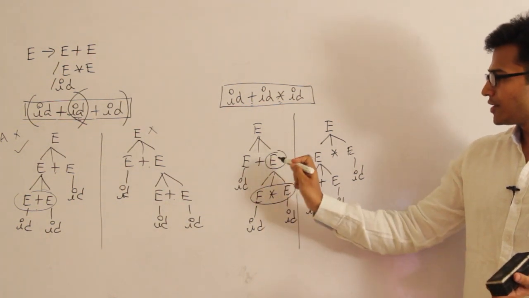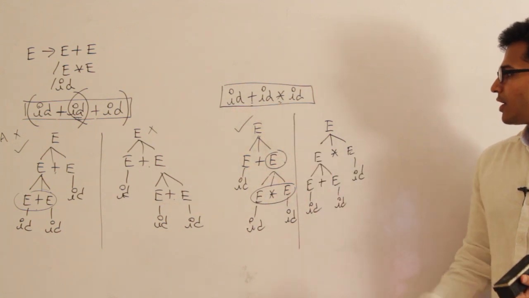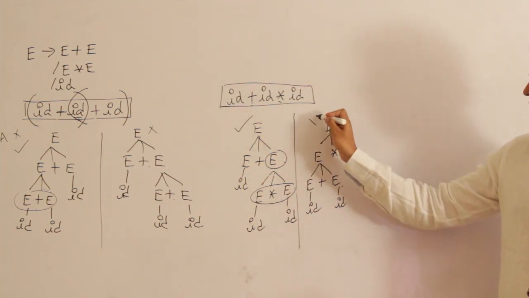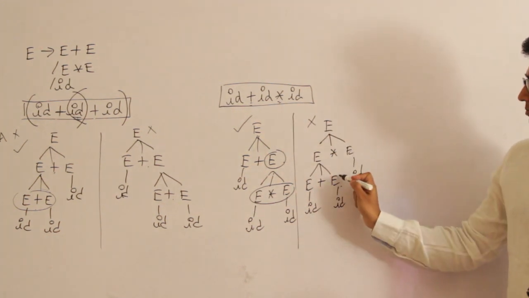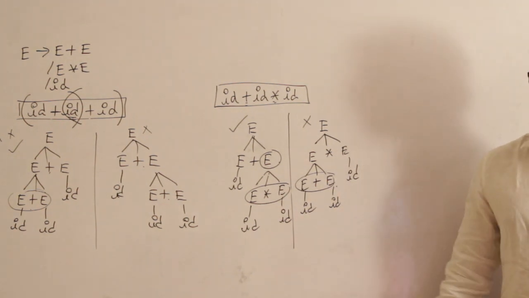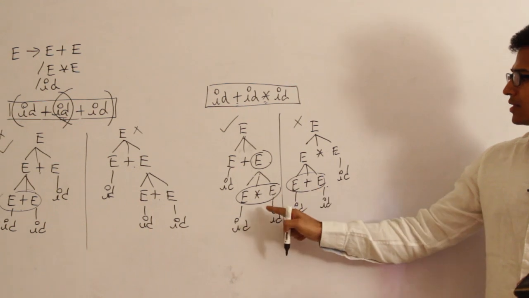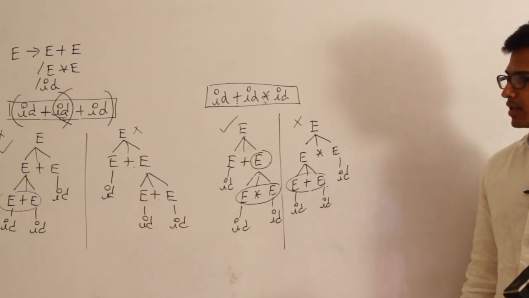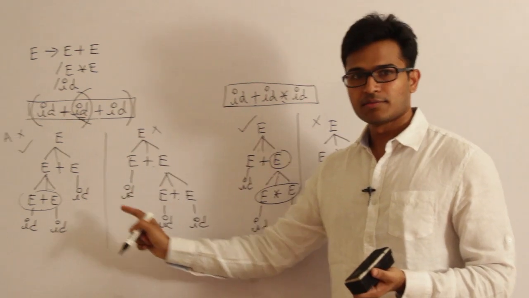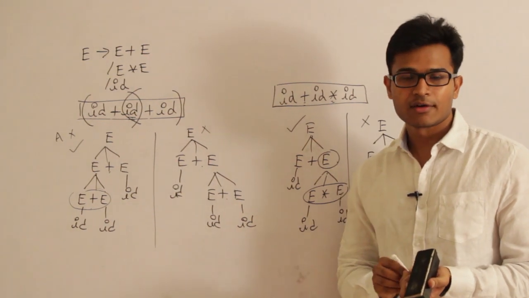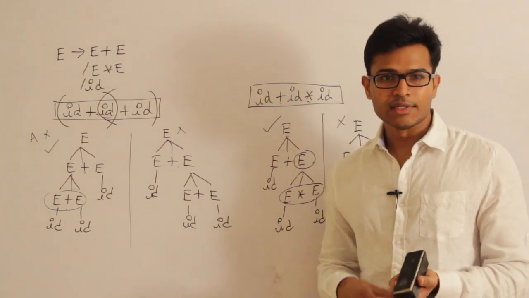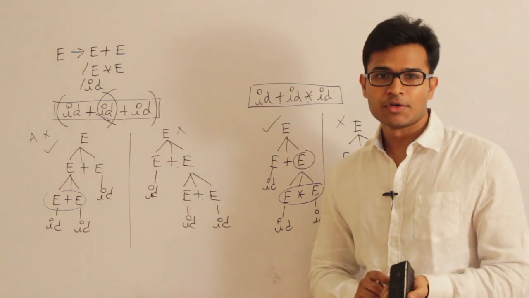Here it is evaluated first, therefore this is right. And what about this one? This is wrong. The reason is, in this one plus is evaluated first, therefore this is right and this is wrong. So here we got two parse trees because precedence is not taken care of. Here we got two parse trees because associativity is not taken care of. If we can take care of these two things, then the grammar can be unambiguous, right?